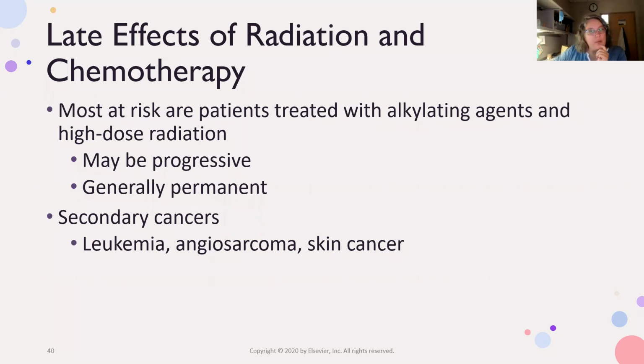So radiation therapy and chemotherapy can produce long-term consequences months to years after the cessation of the therapy that affect every system. Late effects of radiation therapy are commonly found in liver, kidney, lung, heart, muscle, bone, and connective tissues. So it could be skin strictures, it could be fistula.